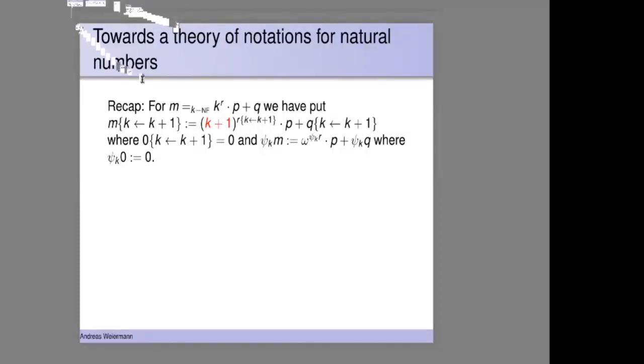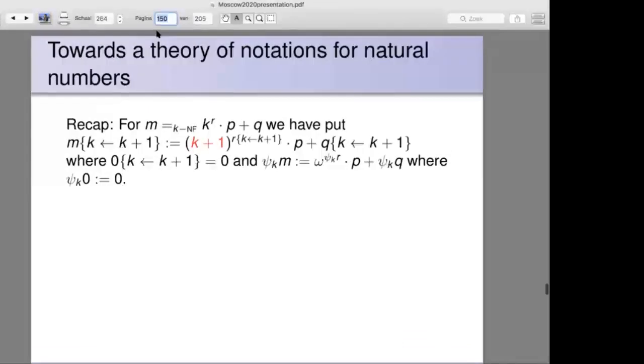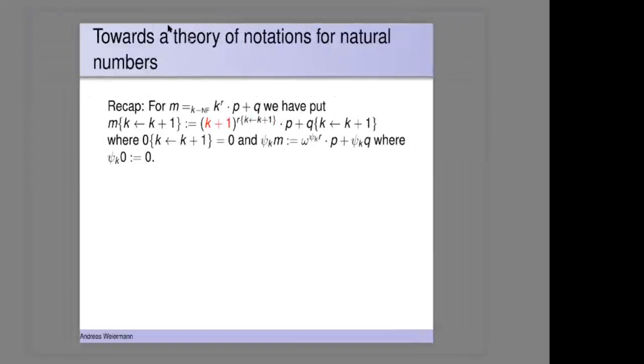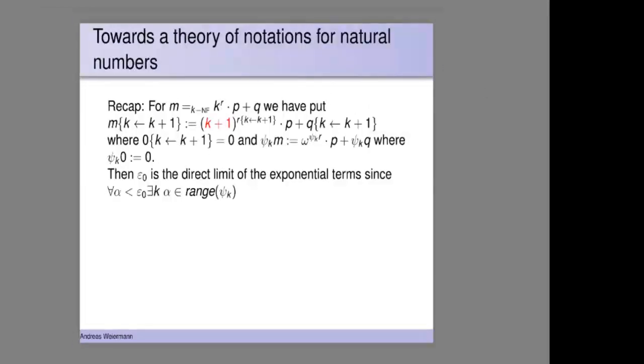So the recap is, if m is in k normal form, then after base change, k goes to k plus 1. And pk of m moves k to omega. And actually, this shows in some sense that epsilon 0 can be considered as a directed union of the exponential terms, a so-called direct limit.